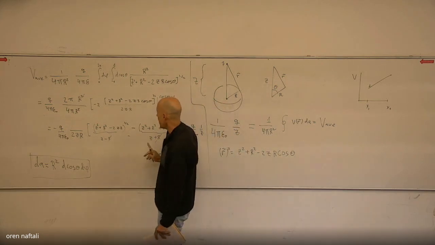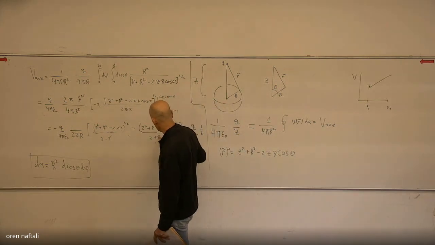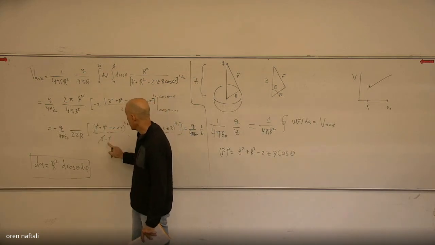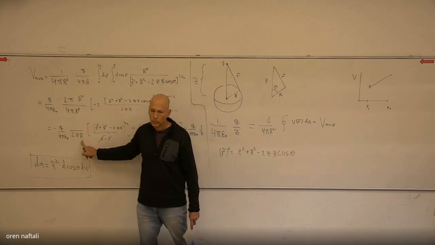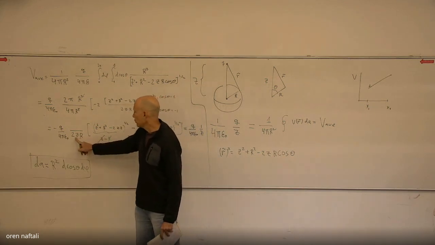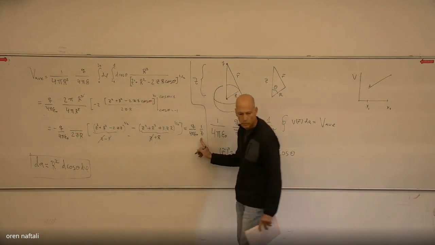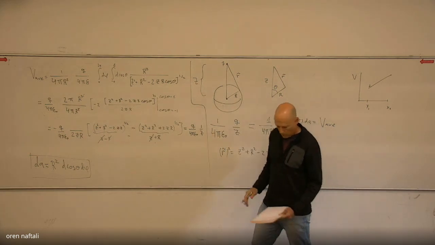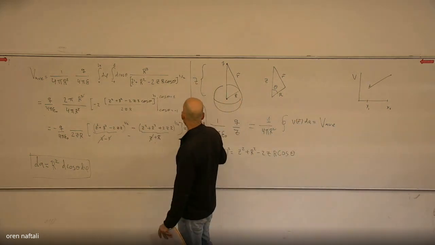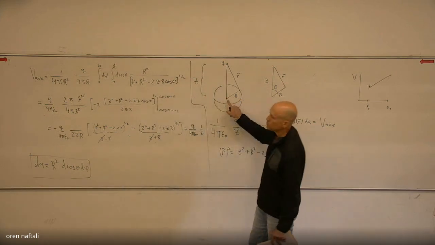No, I said the r's are not cancelled, sorry, the z's are cancelled. And this r is cancelled with this r downstairs here. Then you are left with 1 z on the bottom. Okay, it's clear, more or less. So we got what we expect, because this is exactly the potential at this point.